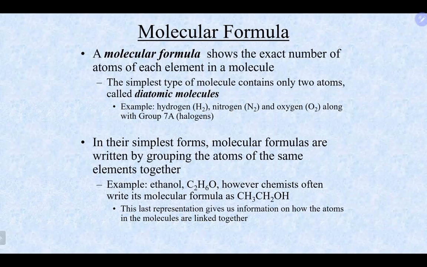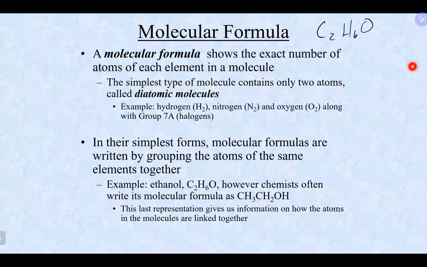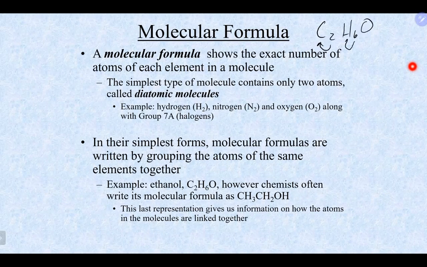In sort of their simplest forms, molecular formulas are written by grouping atoms together, like we just saw there, C2H6O. Reminder that the subscript that we do see always goes to the guy to the left. And if there's nothing written there, it is assumed to be 1, right? So always goes to the guy to the left, and nothing there is 1.